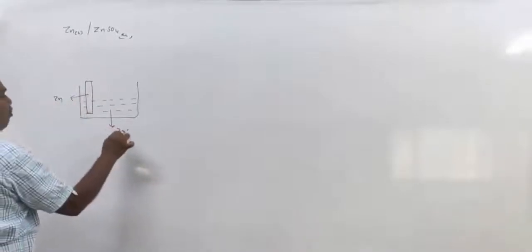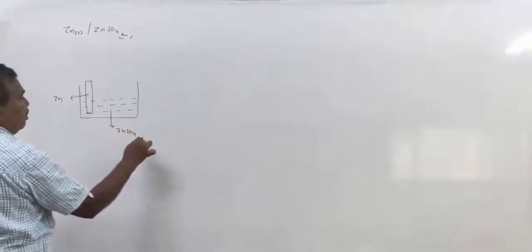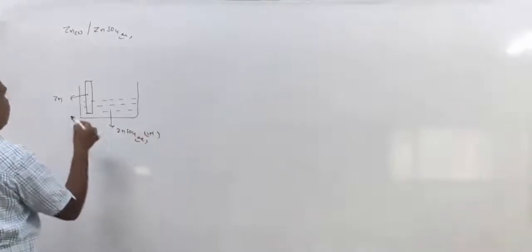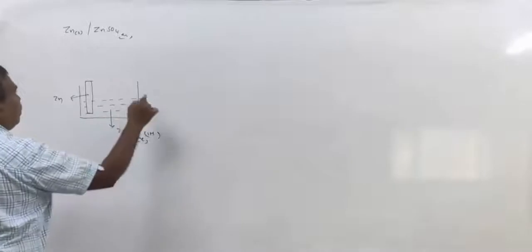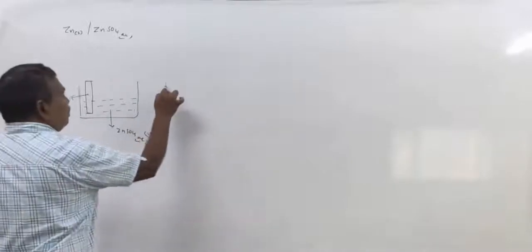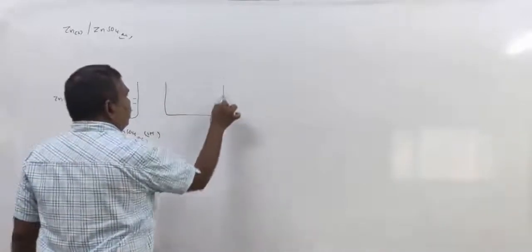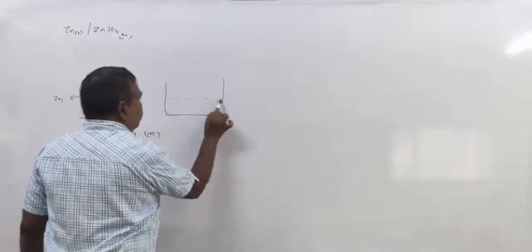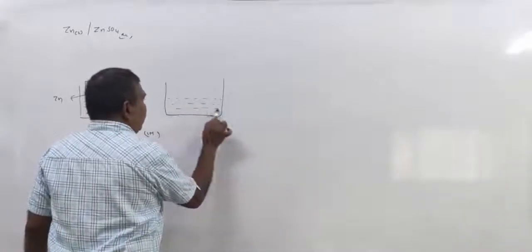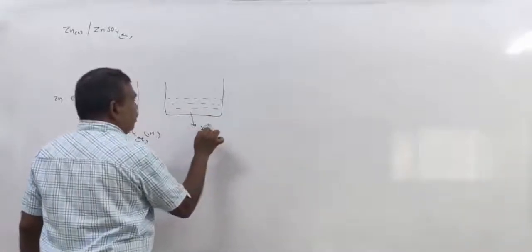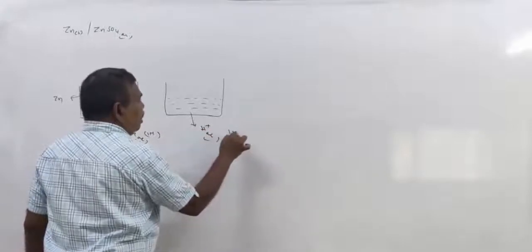This is ZnSO4 solution, 1 molar concentration. Now, this is another beaker having a solution containing H plus ions, 1 molar.